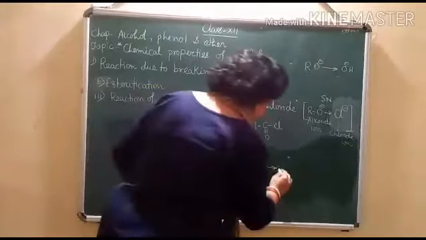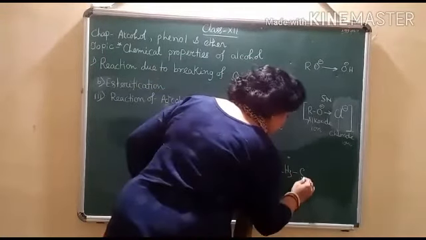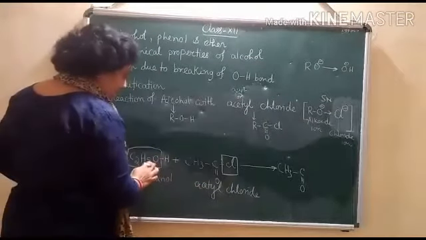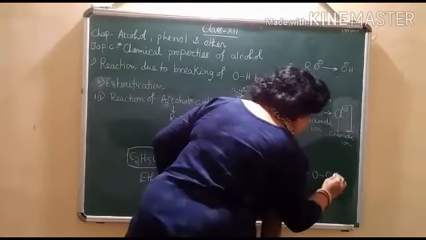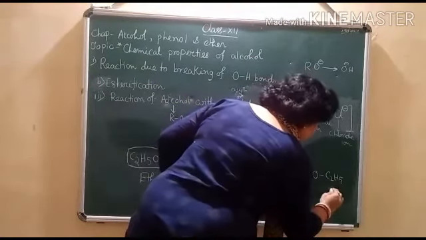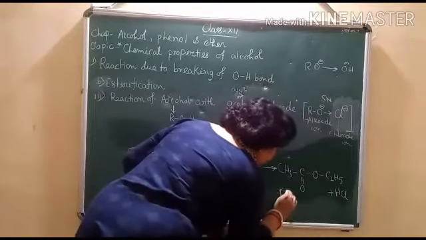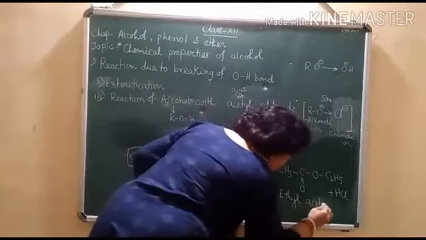So what is the product you are getting? CH3, C double bond O, and in place of Cl you will write this group, O C2H5, plus HCl. So what is this? It is again ethyl acetate.